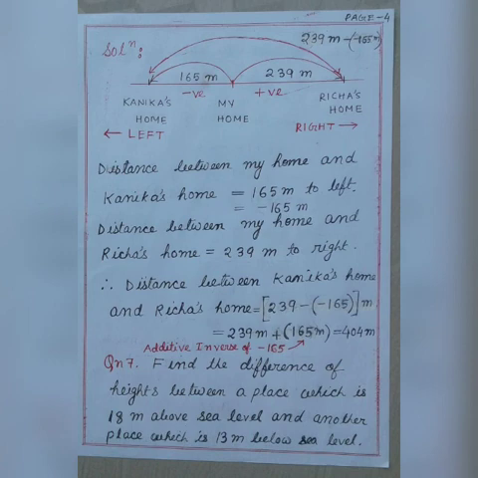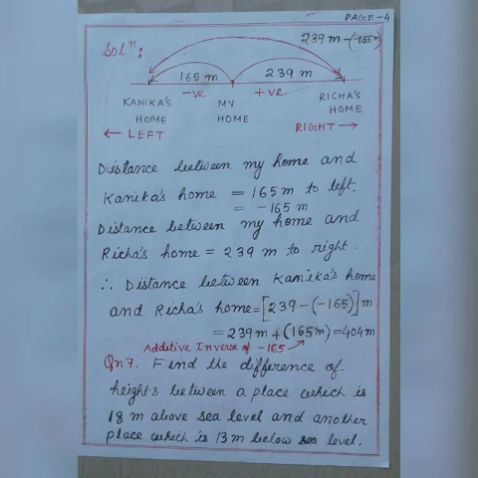Therefore, distance between Kanika's home and Richa's home will be 239 minus within bracket minus 165 meter. So it is equal to 239 meter plus additive inverse of minus 165. The additive inverse of minus 165 is 165. So it is 239 plus 165 is equal to 404 meter.